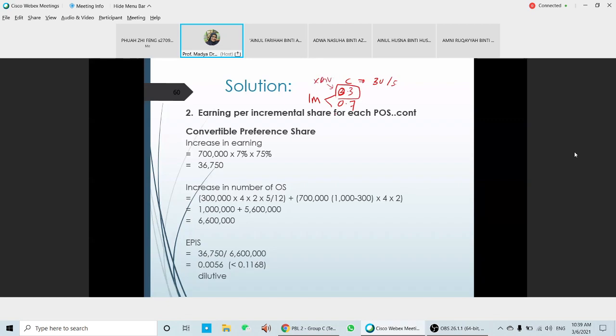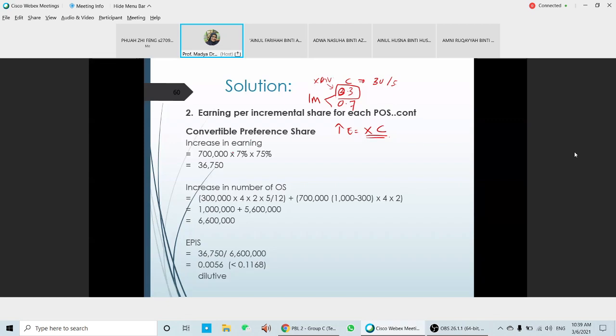So for the preference shares, to calculate the increase in earnings here, we only consider the portion which is not converted, because once it is converted you don't have to pay the dividends.